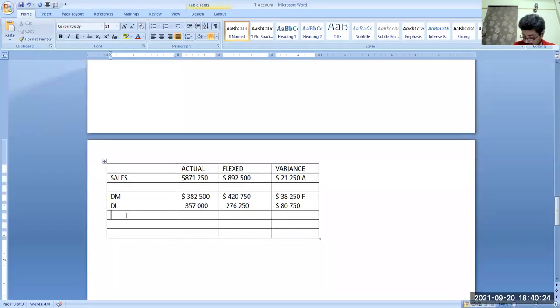Fixed cost is actually 28,000, but it's supposed to be 27,000. Then again we are 1,000 adverse. Done? Okay. Get the totals over here.